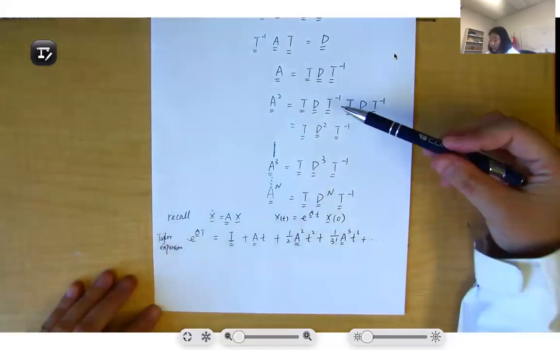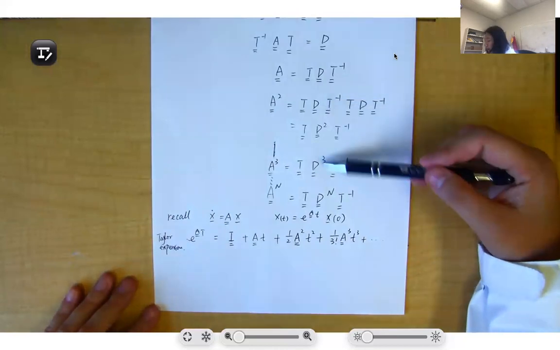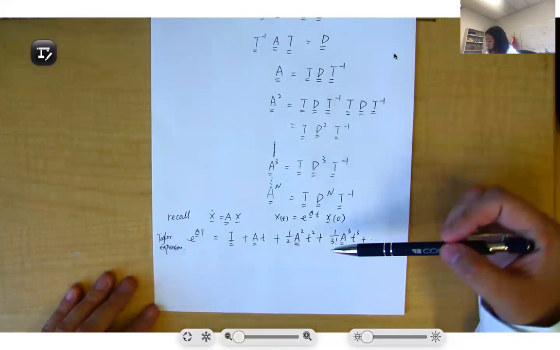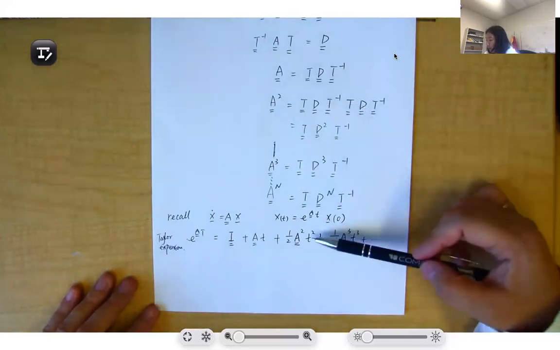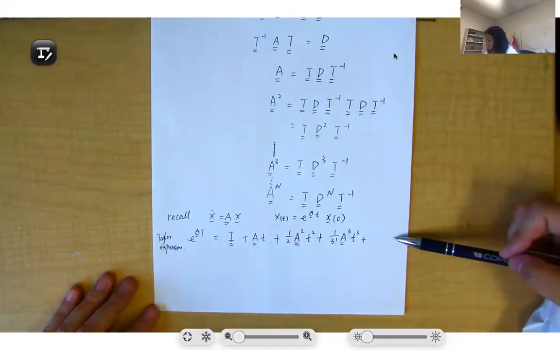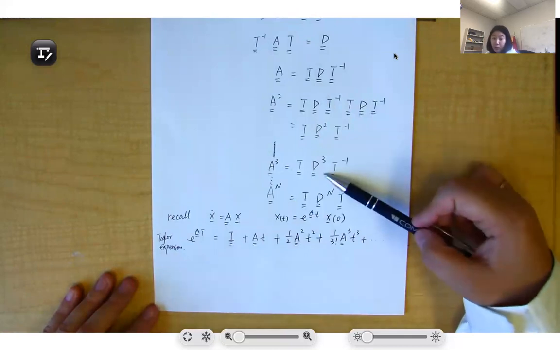And we already derived the simple multiplication of A squared, A third, to A to the n. Then we can just replace A squared, A third, to A to the n with the transformation matrix and the diagonal matrix.